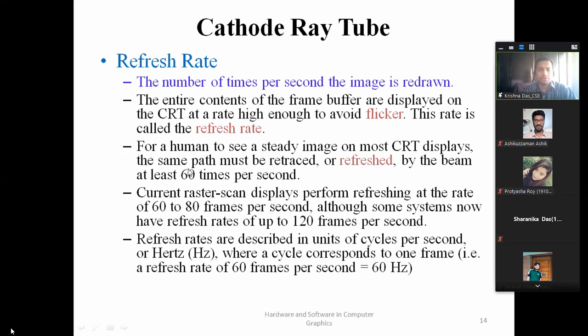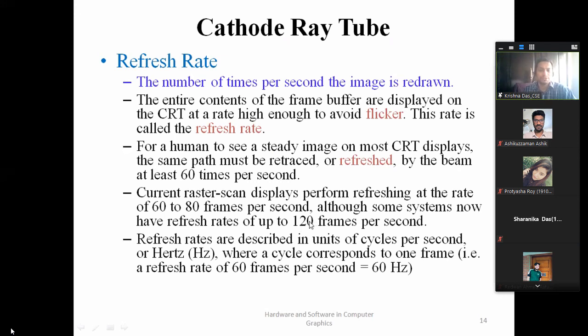Even on the displays we use, the same path must be traced or refreshed by the beam at least 60 times per second. It can be higher in some devices, and some systems can handle 120 frames per second. That means every second it is drawn 120 times.